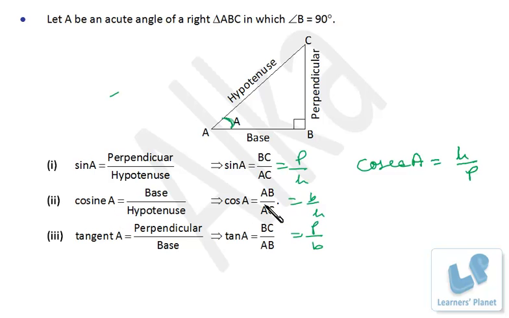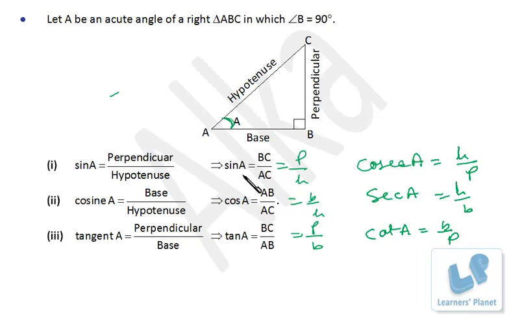Reciprocal of cos A, or cosine A, will be sec A. This is B by H, so it will be H by B, right? Similarly, reciprocal of tan A will be cot A, cotangent we can say, or in short it is called cot A, so that's B by P, right?